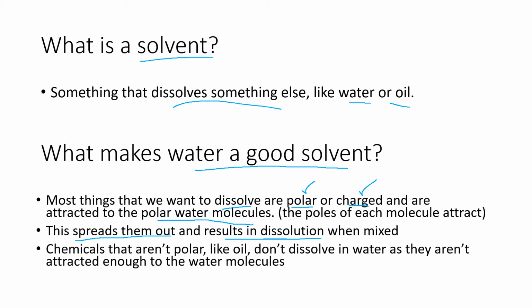So dissolution means you're in the process of forming a solution in chemistry. Finally, chemicals that aren't polar, like oil or plastics, things like that, they don't dissolve in water because they aren't attracted enough to the water molecules. They don't have that pole to pole. Some people might even say dipole attractions there.